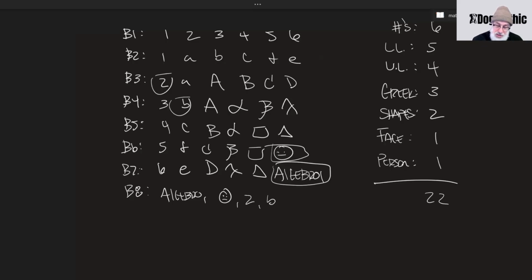Now 2 we can't pick ABC, and B we cannot pick. No, we can't. This is 1, 2, 3, 4. I think that's it. I think that's the only possibilities here that we got. So algebra, smiley face, 2 and B. Just make double sure here.